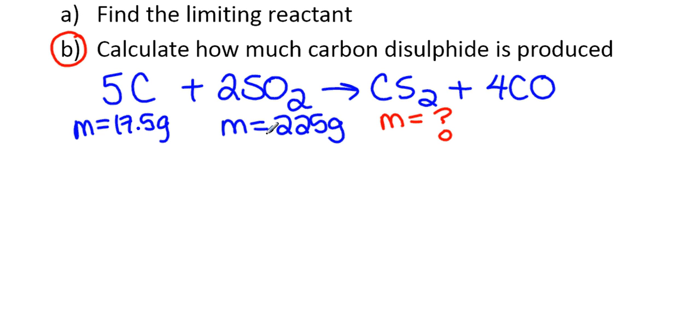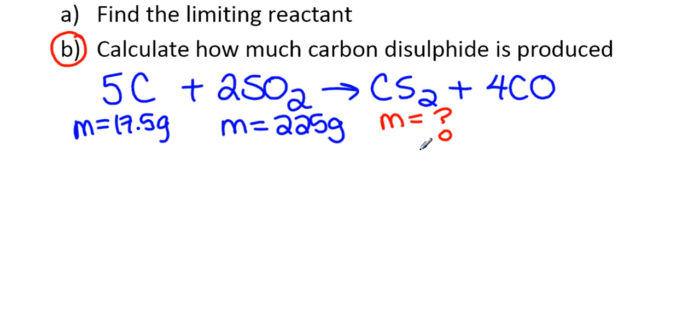Just like we saw with the thought lab with the car parts, we needed to figure out which car part was going to run out first, and we said that was going to be the wheels. And then the wheels told us how many cars we were going to make. Here we have to do the same thing. Is the carbon going to run out first, or is the sulfur dioxide going to run out first? And then whichever one runs out first is going to tell us how to do part B, how much of our product we're going to get.